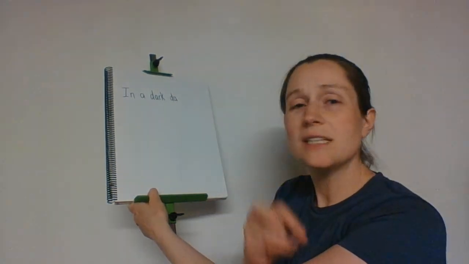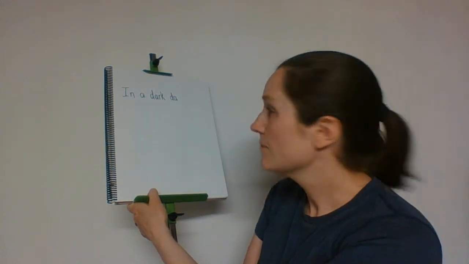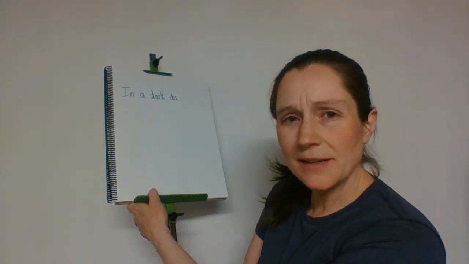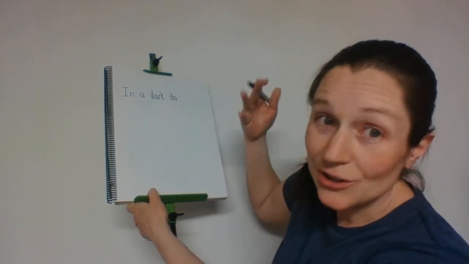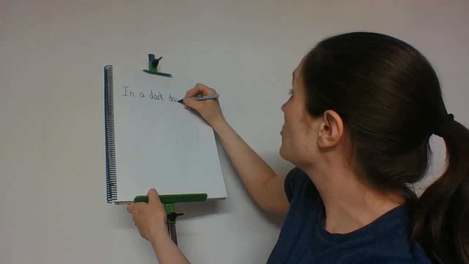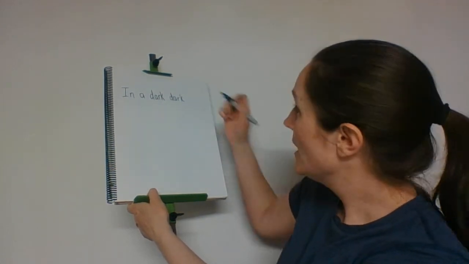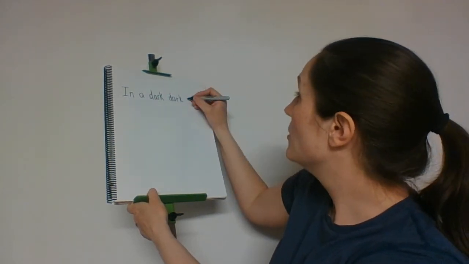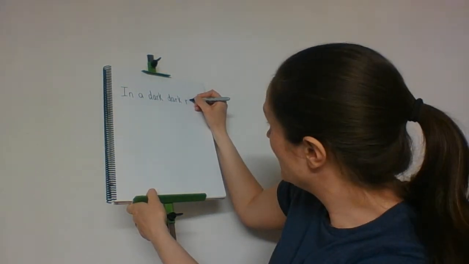Da. Is da a word? No, that doesn't mean anything to me. In a dark. Oh, it's dark. In a dark, dark. They say dark, dark twice. Dark twice. Because it's a very dark. In a dark, dark room.